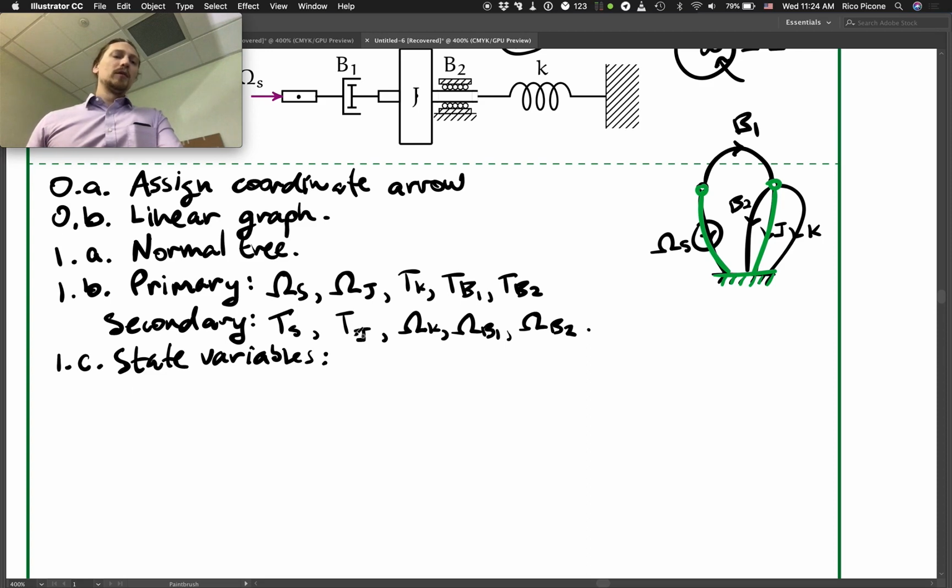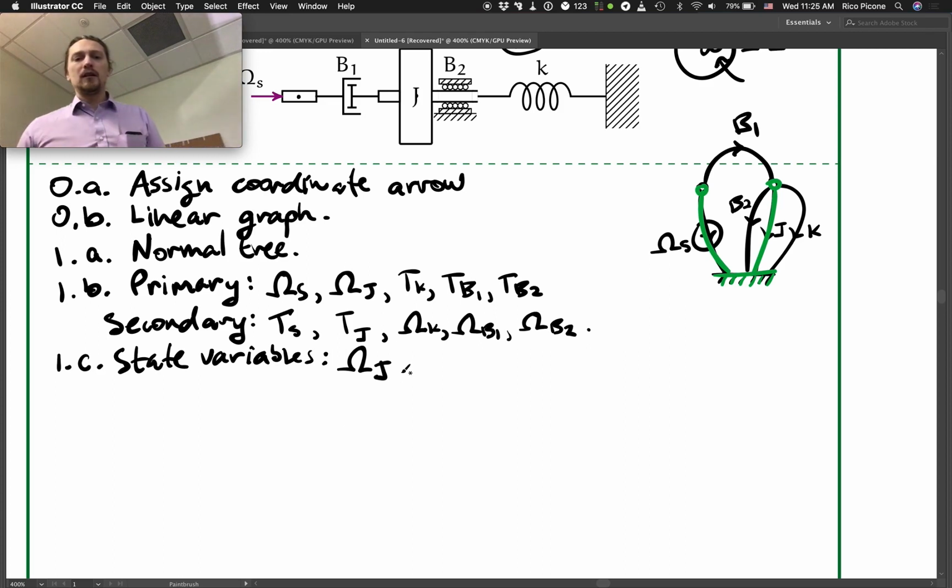So state variables are going to be, you look for A-type energy storage elements that are branches, right, that are in the normal tree. So we've got J, which is an A-type, and it's in the normal tree. So we have to take its across variable, which is omega J, angular velocity.